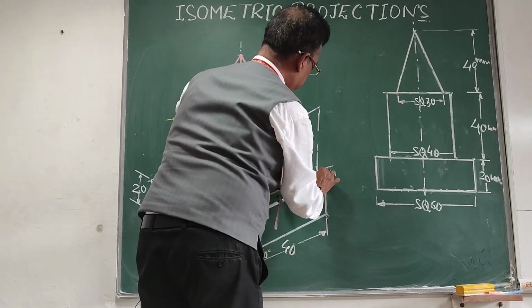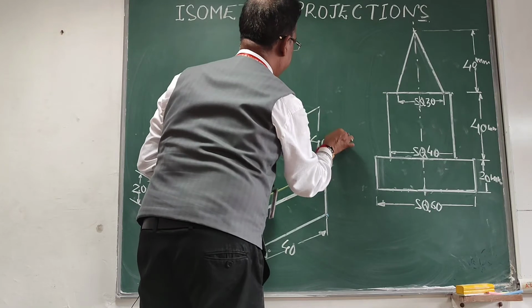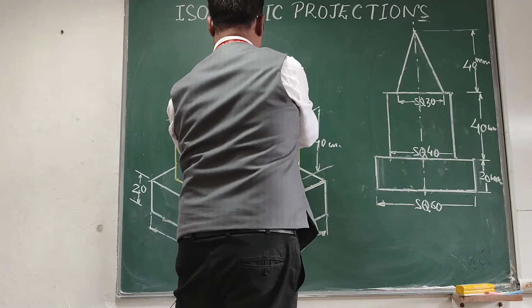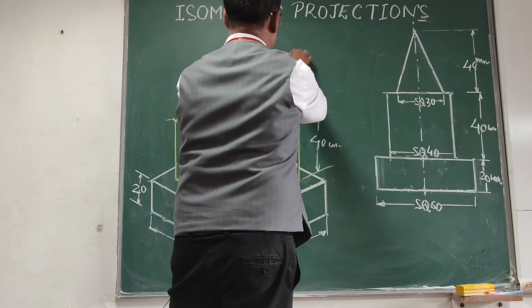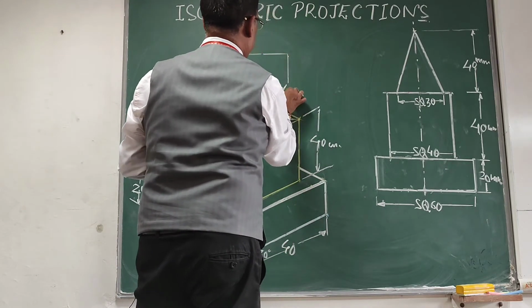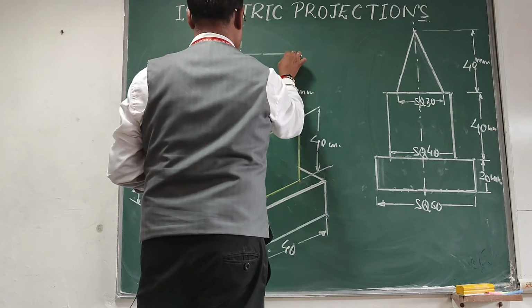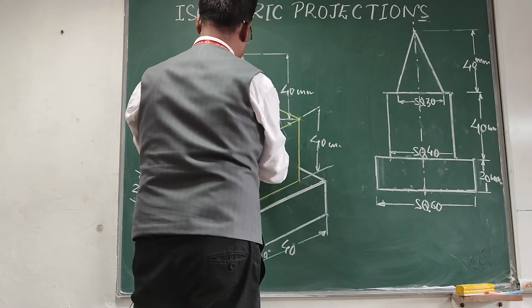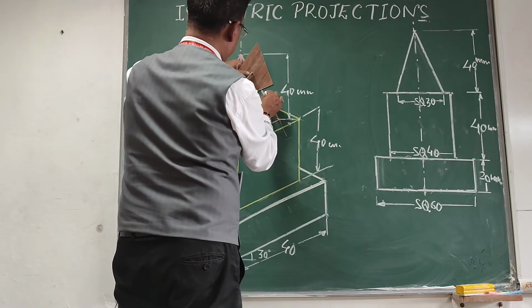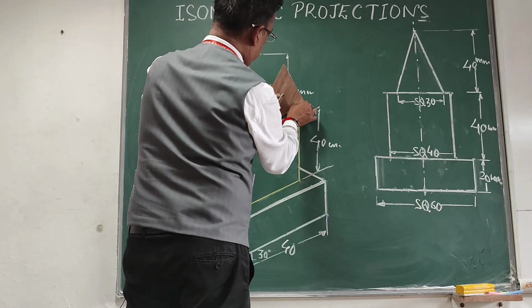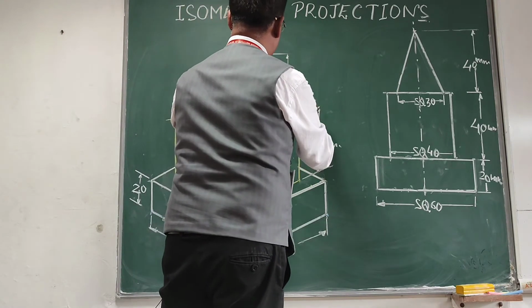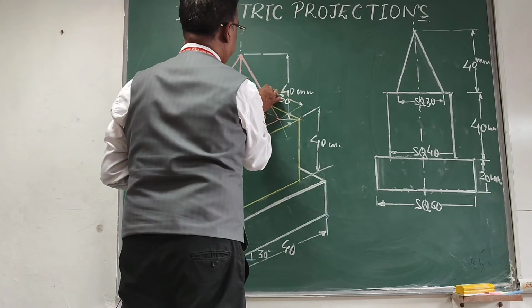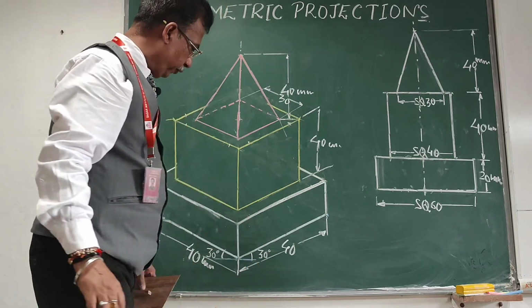Go along the isometric axis. This height will come straight, that is also 40 mm, and this dimension will be 30. So this is the arrangement for isometric projection.